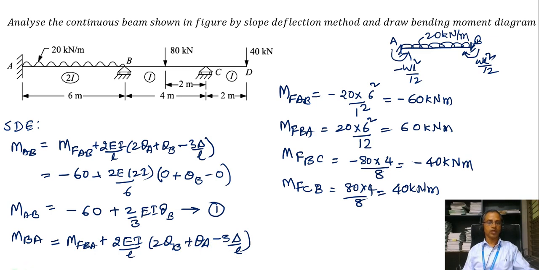So if you look at it carefully, this theta A is 0 and delta is 0. I am left with only 2 theta B. So I is 2I, L is 6 meter, MFBA is 60 kilonewton meter.